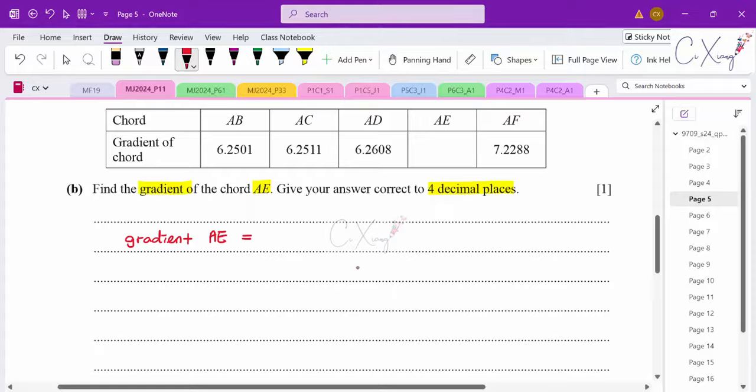So y2 minus y1 means you're having 4.63566 minus the 4, divided by the x coordinate, 2.1 minus the 2. So again, try to keep your answer correct to 4 decimal places, then it will be 6.3566.